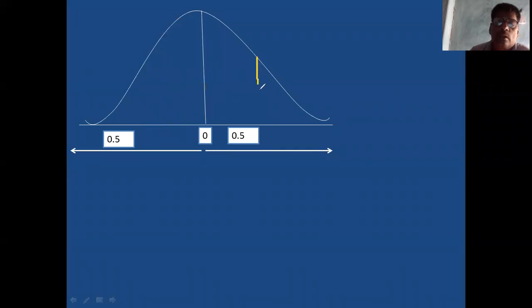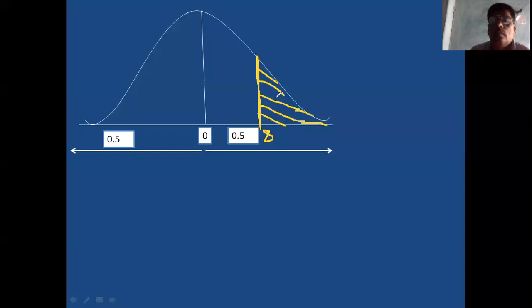For example, if you want to know the value, its answer is 8. Here is the 8 value. And if you want to know the value more than 8, how to find this? This is very complicated.